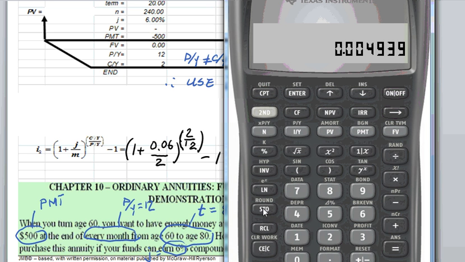Then we're going to store that in memory 2, so we can always recall it. I like to use memory 2 because that's like I sub 2.